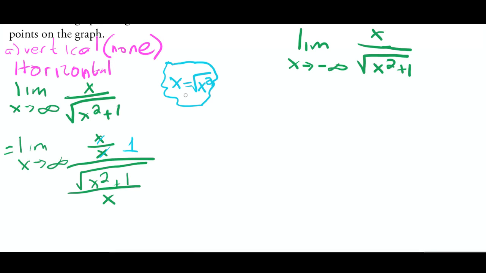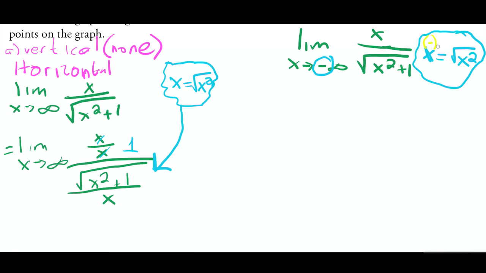Now here is where it gets tricky. For this one it works, but for the negative infinity one, I have to be much more careful, because when x is going to negative infinity, x is always going to be negative.